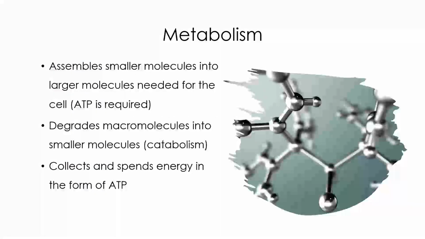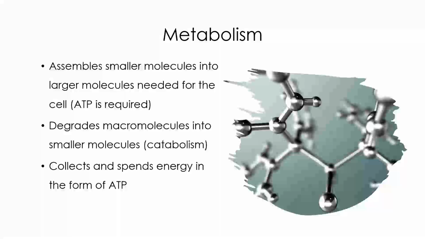Assembly of smaller molecules into larger ones is necessary for the general function of the cell. We need a wide variety of macromolecules, from lipids to nucleic acids, proteins, and sugars. And to do this, ATP, or adenosine triphosphate, the energy currency of the cell, is required.